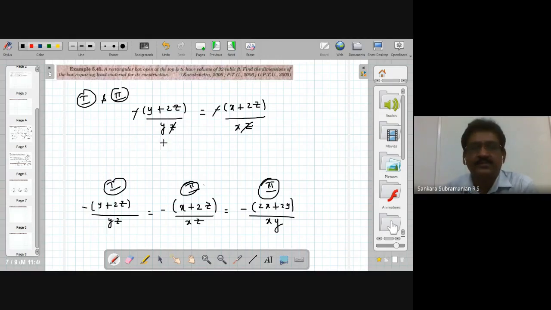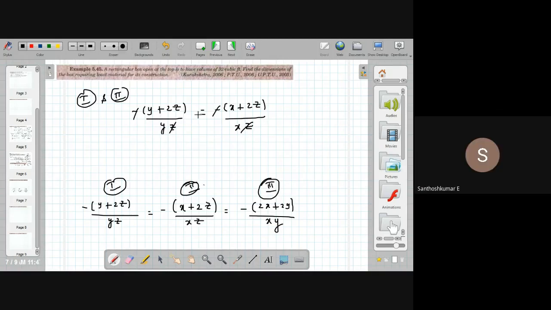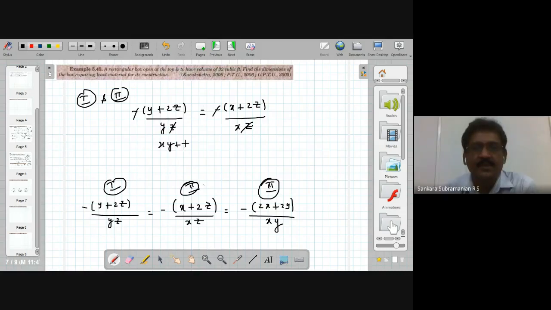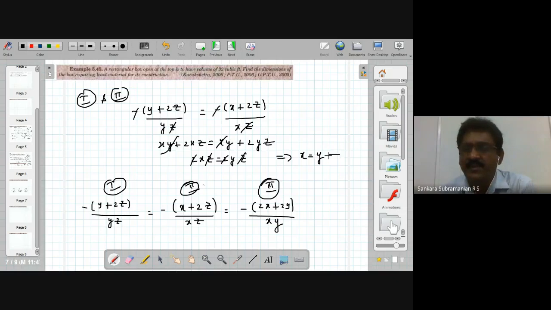So you get y plus 2z, xy, cross multiplying, xy plus 2xz equal to xy plus 2yz. xy will get cancelled. You get 2xz is 2yz. z and z will get cancelled, 2 and 2 will get cancelled, which implies x is equal to y. This is equation number 5.